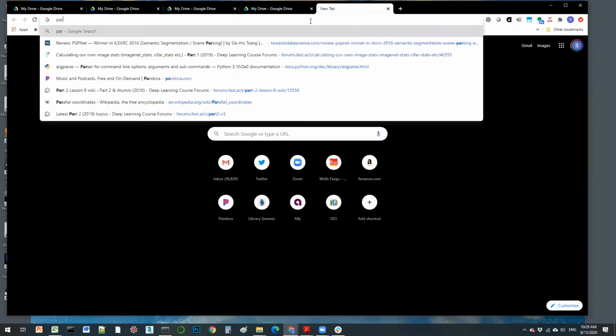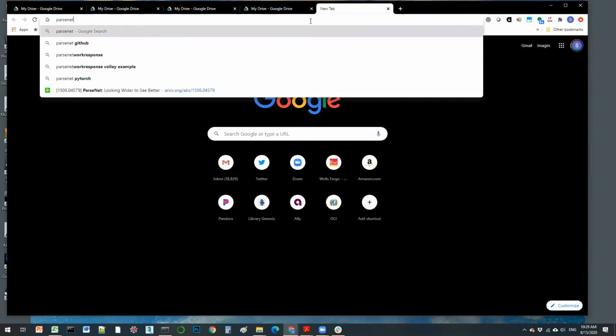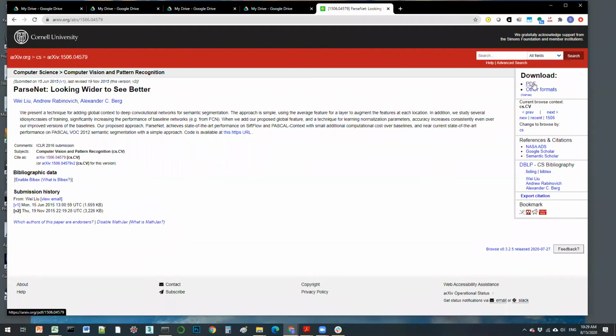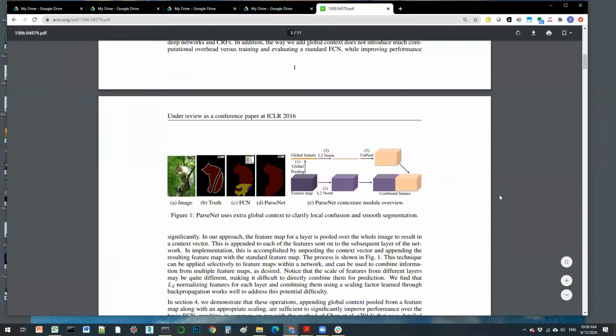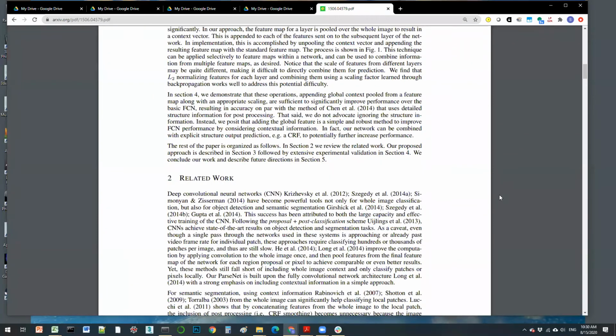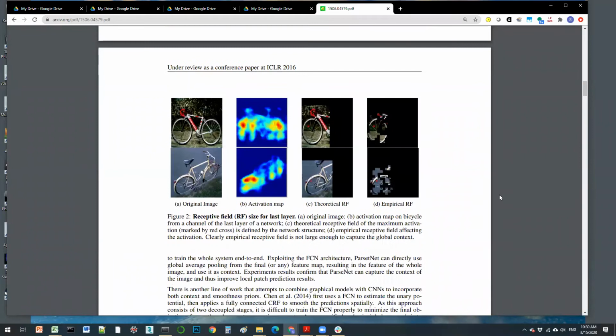It's the ParseNet paper. It's on the second page, one of the first pictures. Yeah, that's the first figure.